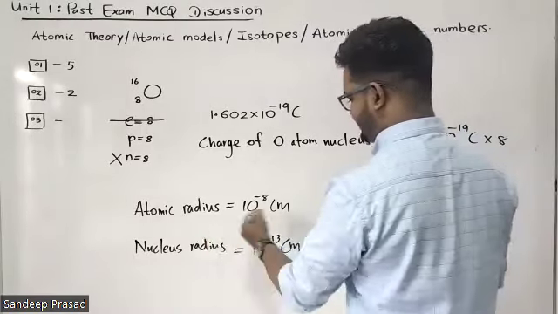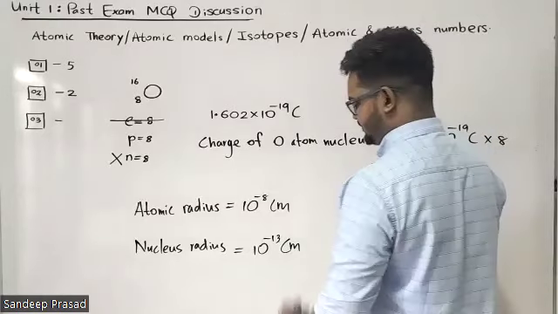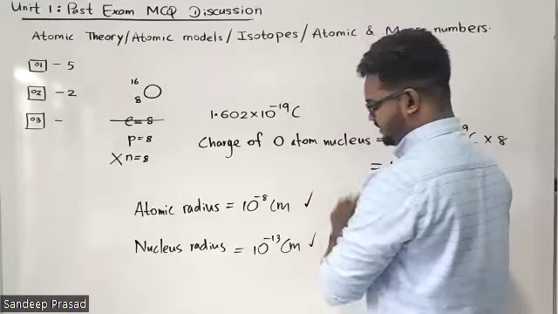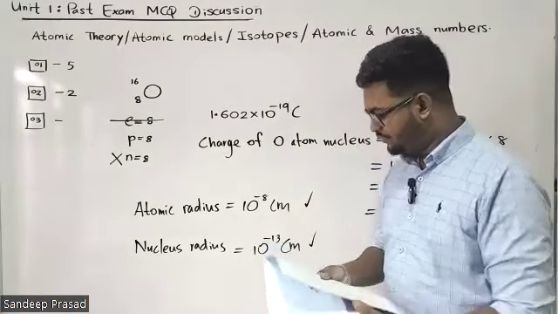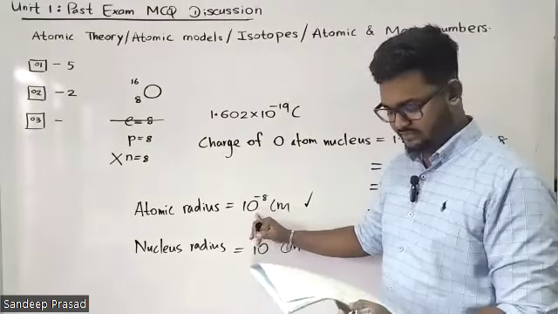So this is the range in which the atomic radius and the nucleus radius exist. Therefore, the radius of an atom is in the order of 10 to the power minus 8 centimeters.